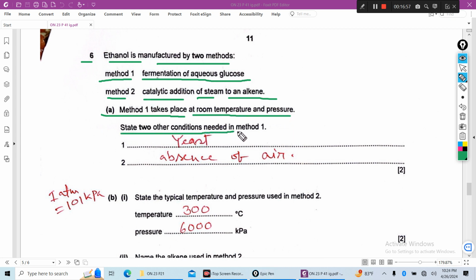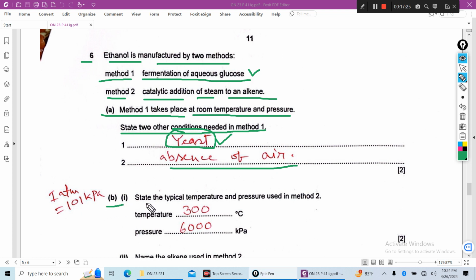State 2 other conditions needed in method 1. In fermentation, an enzyme is needed. Yeast contains zymase enzyme. So one condition is yeast and absence of air. Air should be absent, because if air is present, then alcohol is oxidized to carboxylic acid.